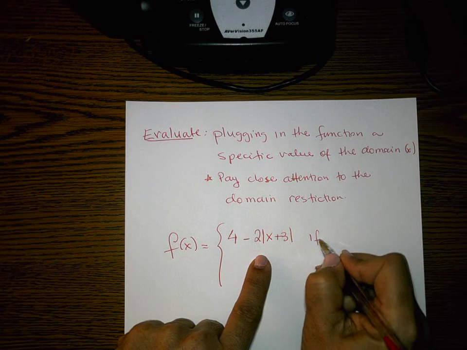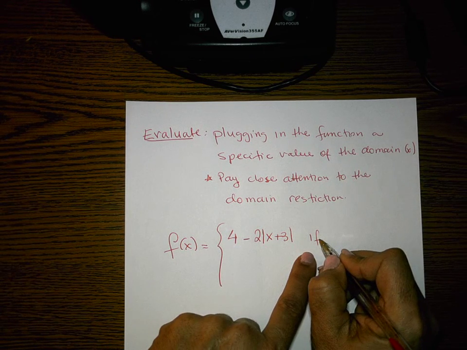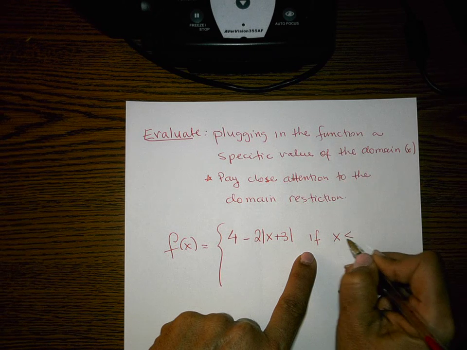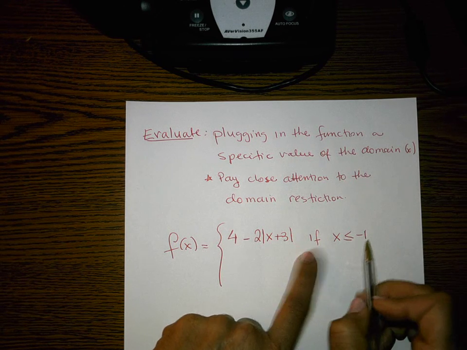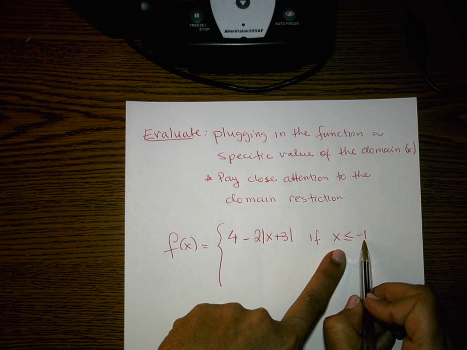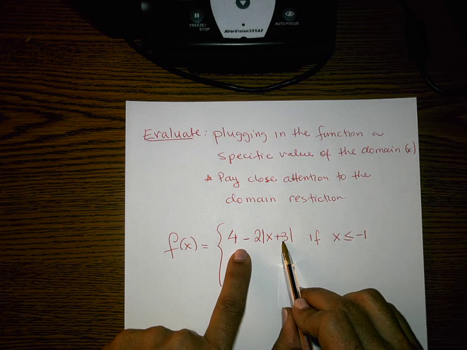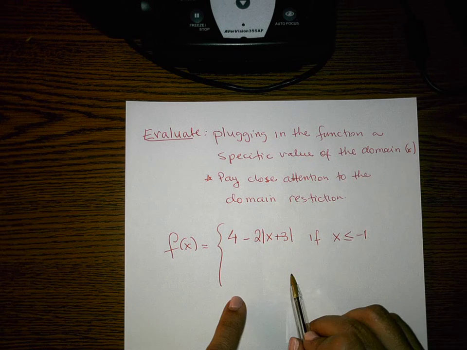Now here comes the restriction: if you are using x values that are less than or equal to -1, you can use this function. If not, there's another piece for it.